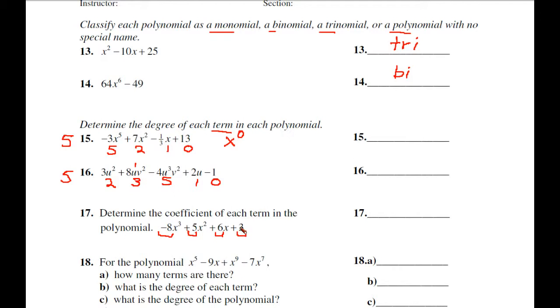Now, the 3 here is considered a constant. And notice we're not writing the plus or minus. We only write plus or minus when it needs clarification that we are adding these. And in this case, we don't write it if we're just listing the terms.